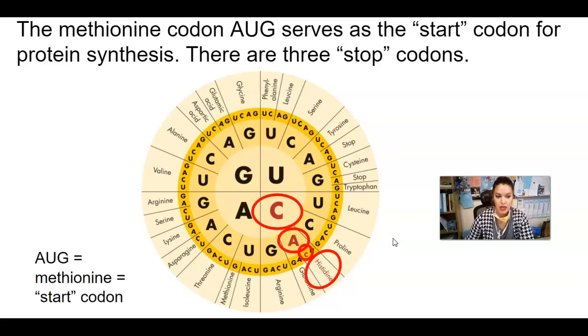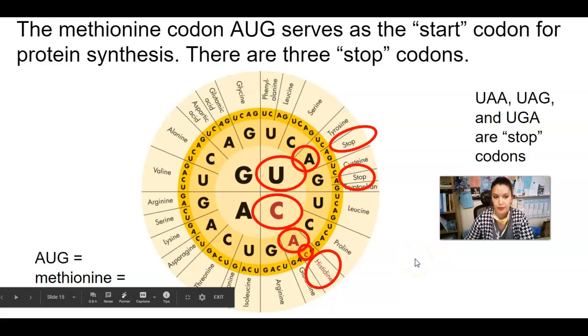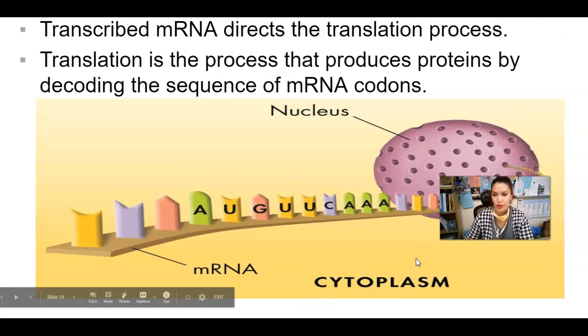Okay, AUG is methionine, and that is a start codon. And then we've got stop here. There's 2 combinations for stop. And there's the other combination, UGA, for stop. So that's when the protein will be starting and stopping.